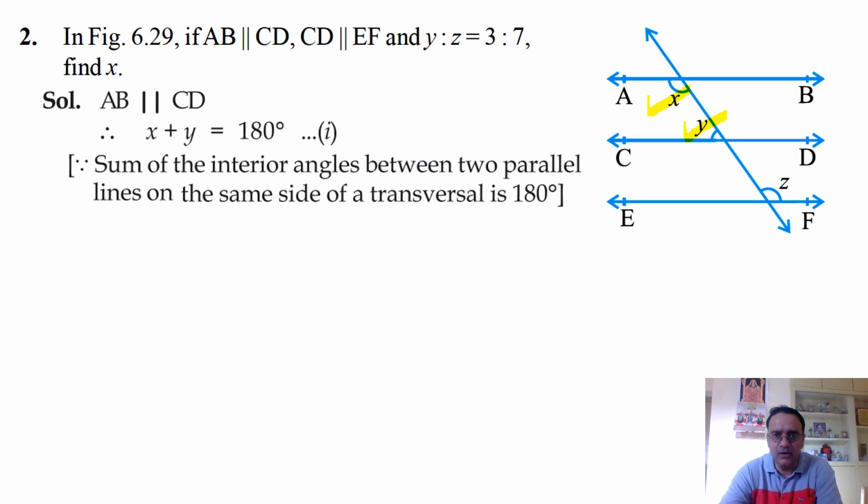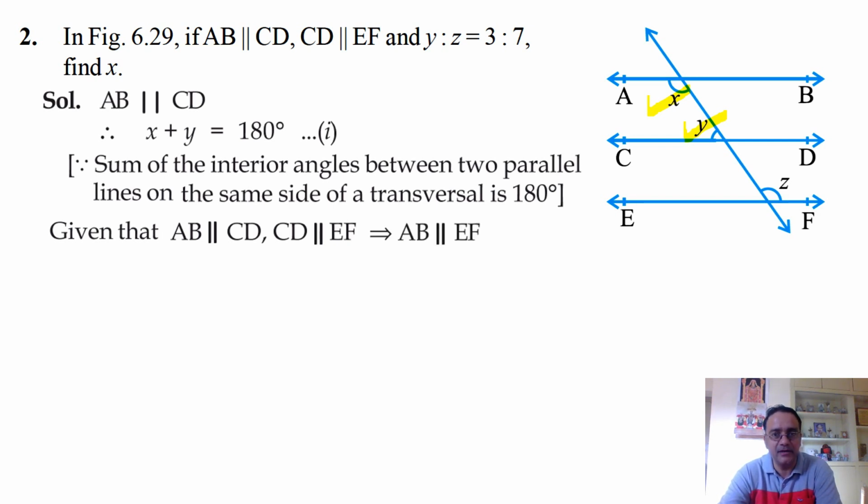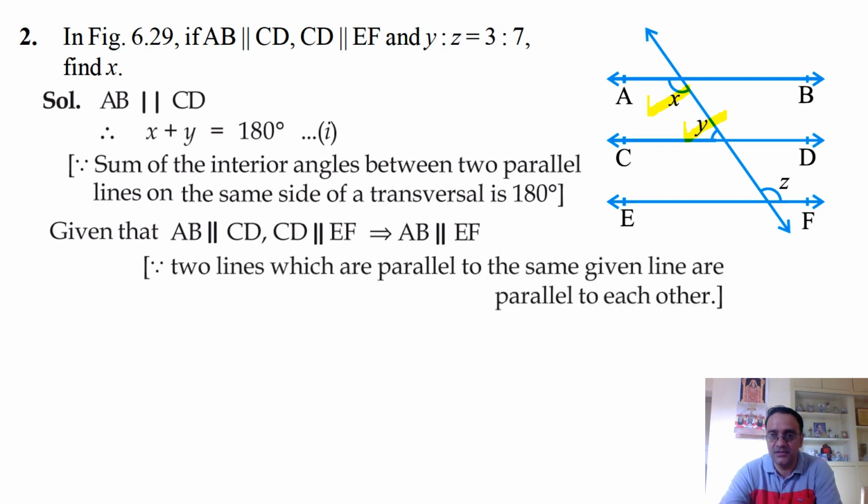Okay. Now next, just now I told you that AB parallel to CD, CD parallel to EF, that will imply AB parallel to EF. Why? Because two lines which are parallel to the same given line are parallel to each other. Now if AB is parallel to EF, from this we conclude that angle x is equal to angle z.